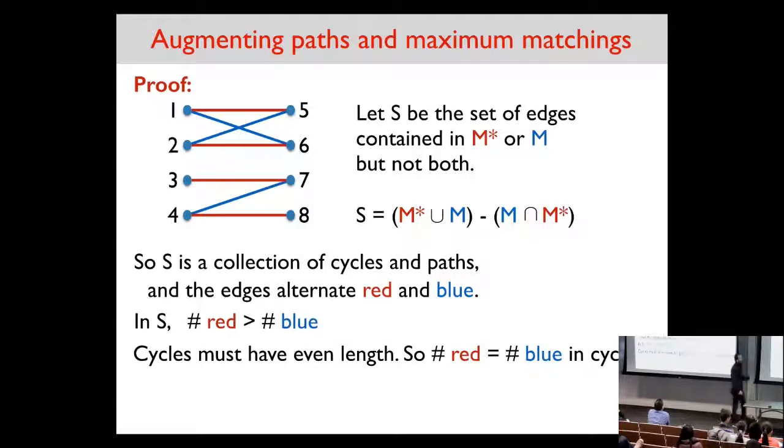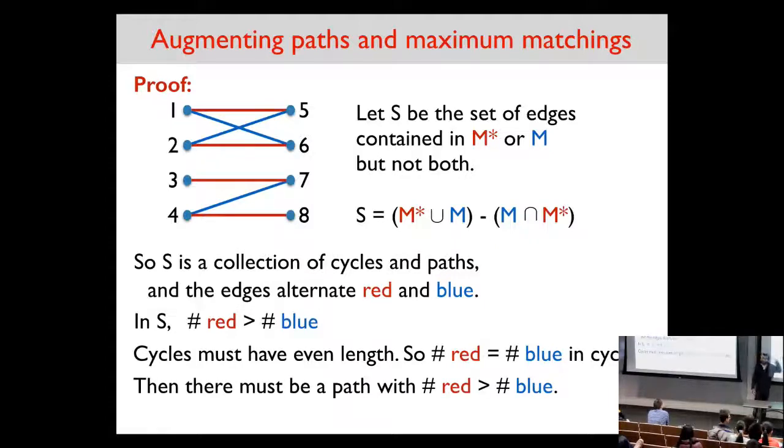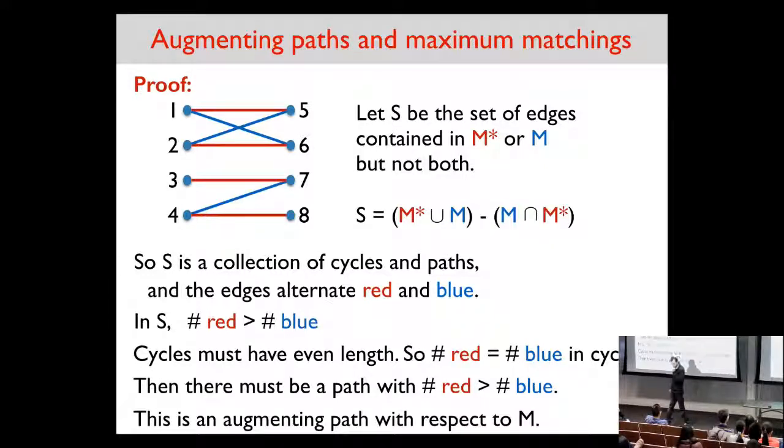But what does that mean? We also know that the number of red has to be strictly more than the number of blue. So there must be some path in this set S which has strictly more red than blue. Well, that's an alternating path, and it has more red than blue, so I can augment.